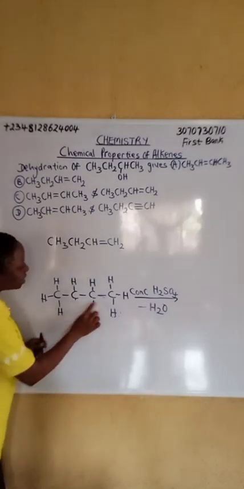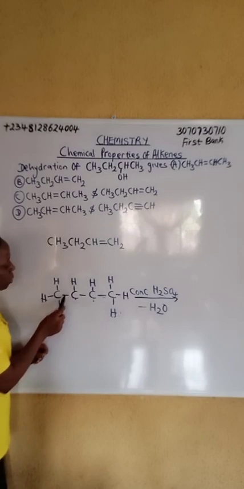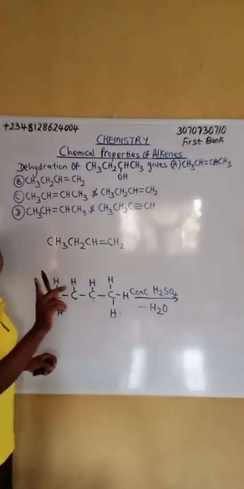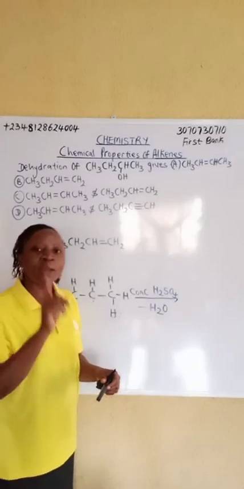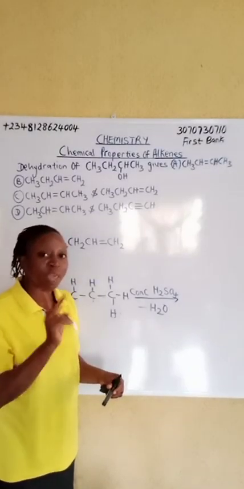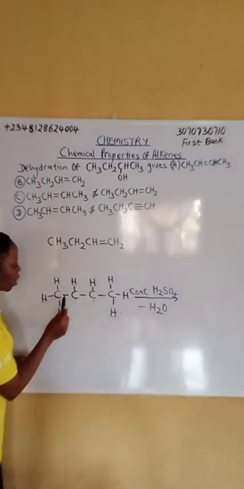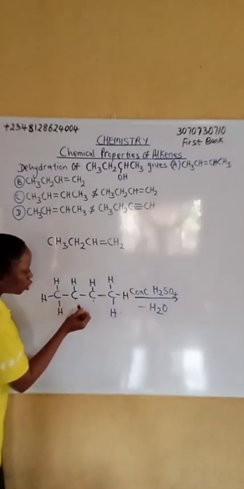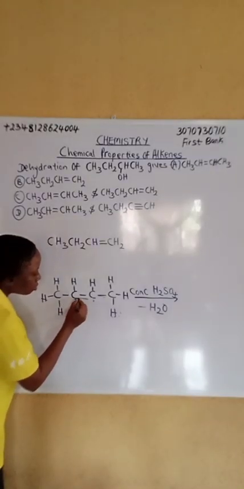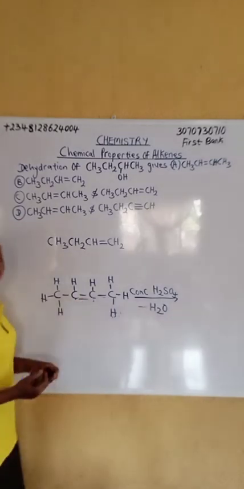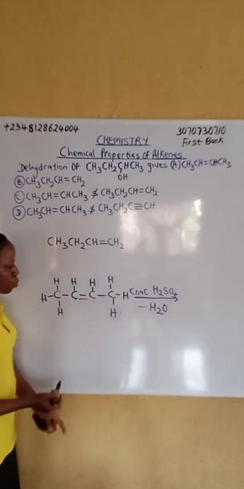Now, let's count the number of bonds that surround this carbon atom, 1, 2, 3. It needs one more because each carbon atom must be surrounded with 4 chemical bonds. So you add one bond to form a double bond.